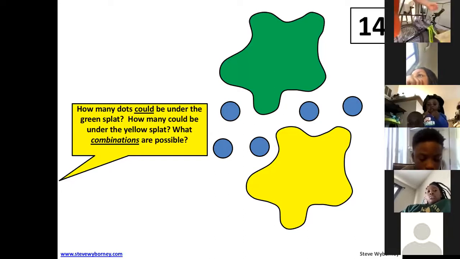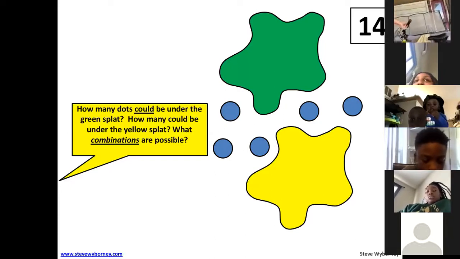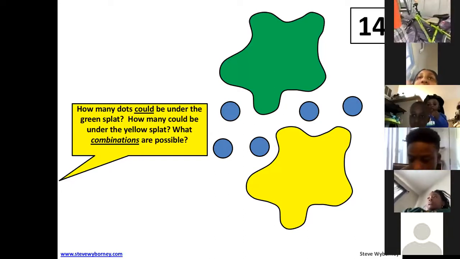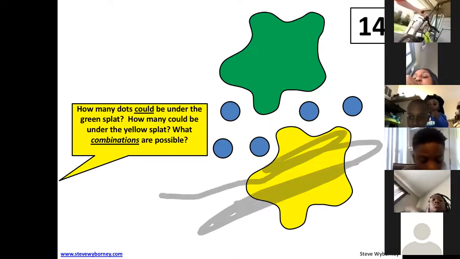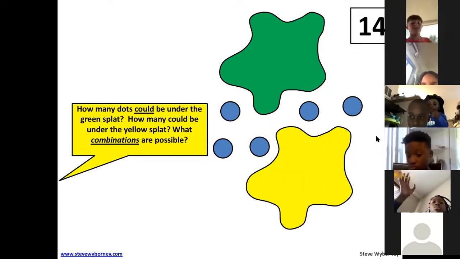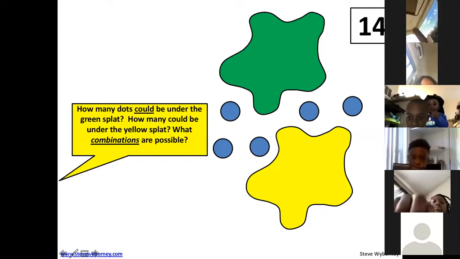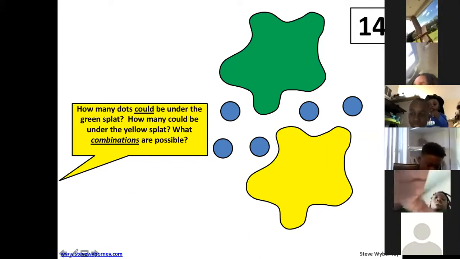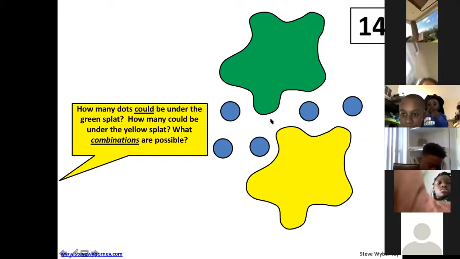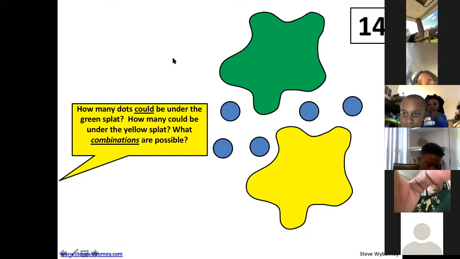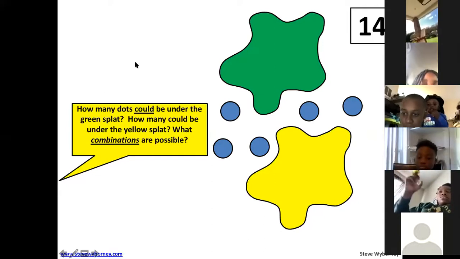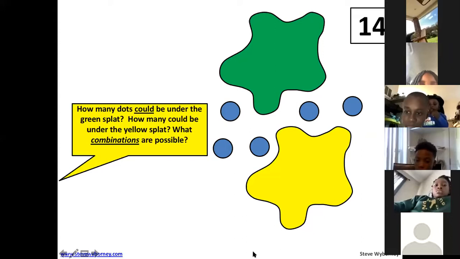Is there any other combination that might be possible? 3 and 6.